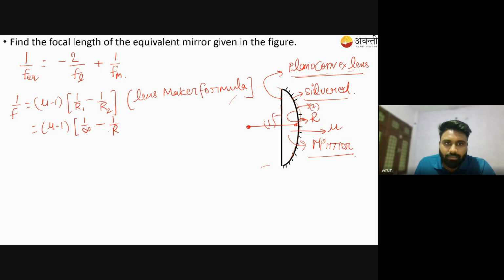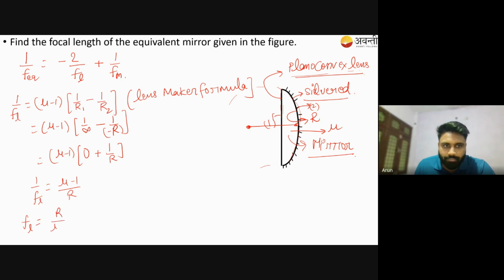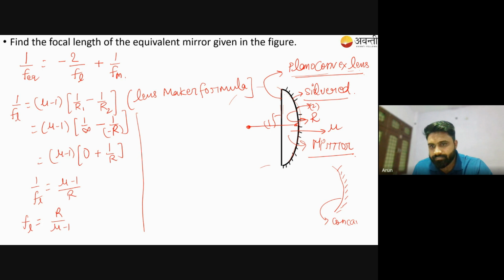So here you are with mu minus 1 times (1 upon infinity, which is 0, plus 1 upon r). So 1 upon f is mu minus 1 divided by r. The focal length of the lens, FL, is equal to r upon mu minus 1. Now what about this mirror? The surface which is curved, the convex surface, will behave as a concave mirror.